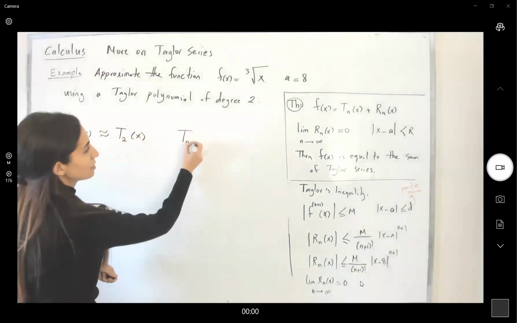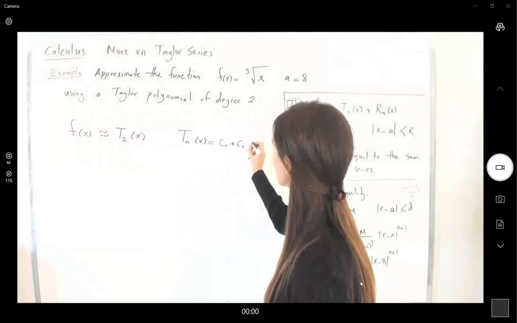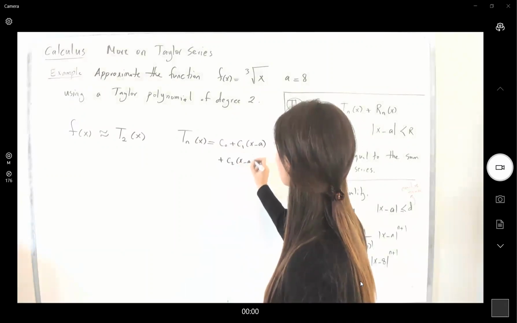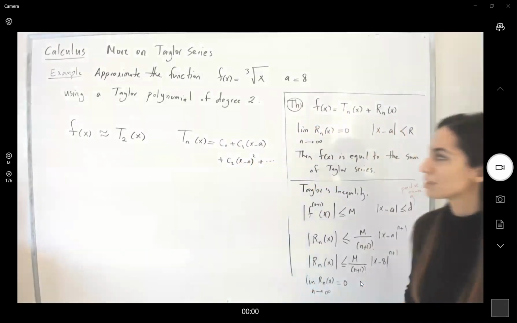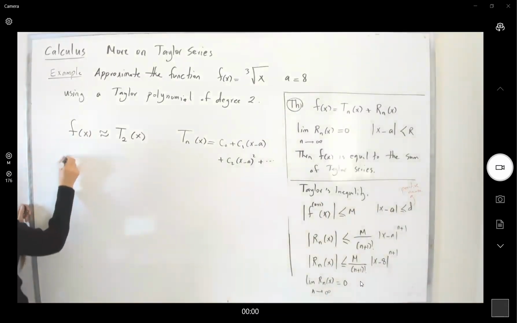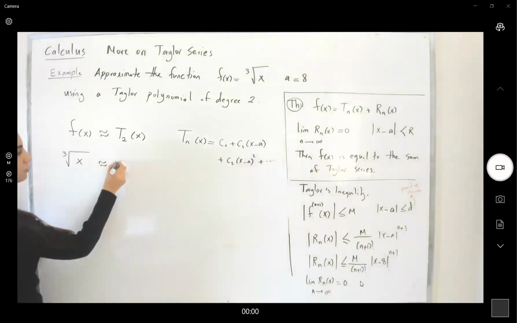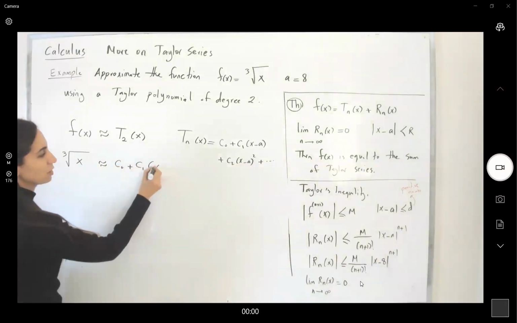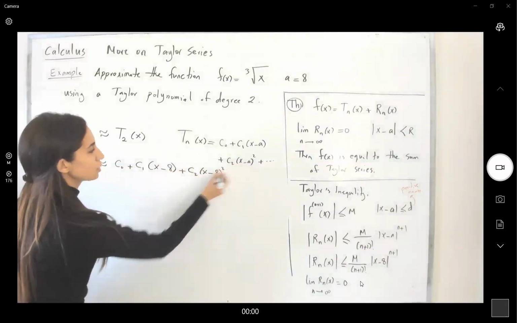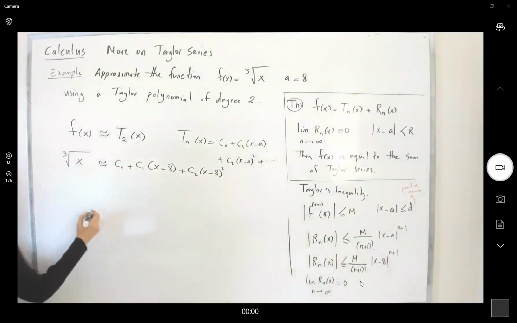Again, remember that T_n(x) is c_0 + c_1(x - a) + c_2(x - a)^2 plus the rest of the terms. n is equal to 2, so f(x), or the third root of x, can be approximated by c_0 + c_1(x - 8) + c_2(x - 8)^2. Now we need to find c_0, c_1, and c_2.